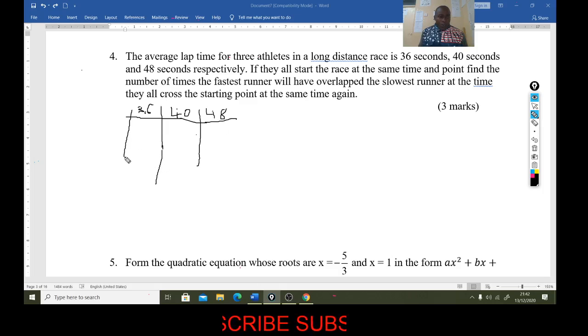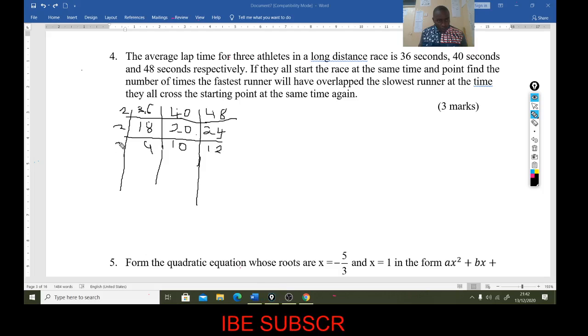Now you know how to find the LCM. We start with 2. 2 can come here 18 times, 20 times, and 24 times. 2 can also come here 9 times, 10 times, and 12 times.